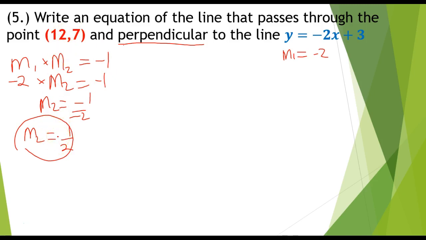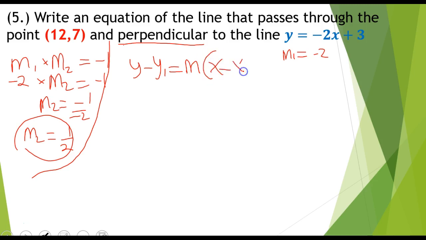So we can use the point-slope formula, which is y minus y1 is equal to m times x minus x1. And then if we substitute, that's y minus y1.